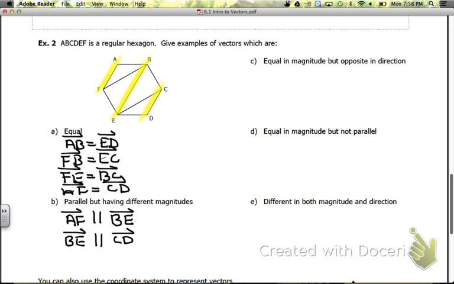Alright, now part C here. They're equal in magnitude but opposite in direction. So which ones have the same size but opposite in direction?